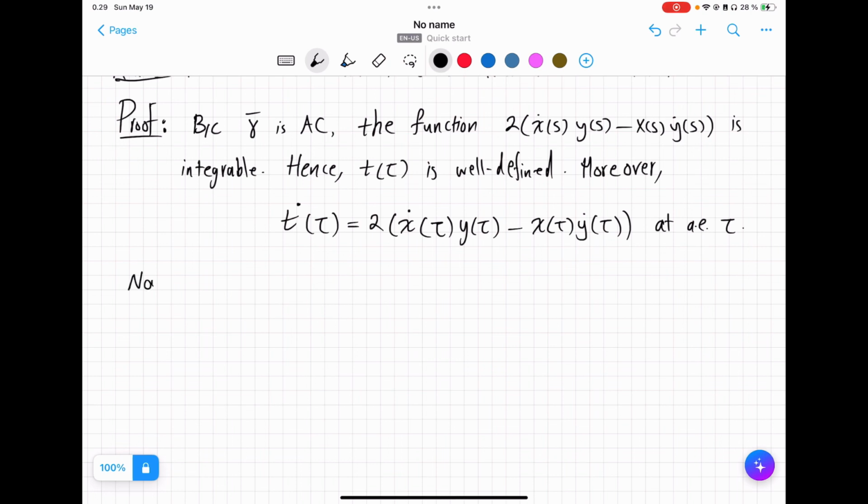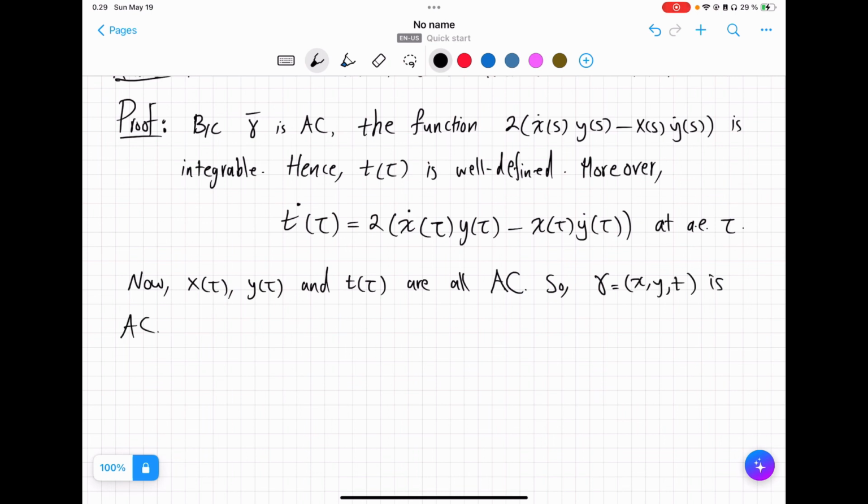So now we have that x of tau, y of tau, and t of tau are all absolutely continuous functions. So gamma, defined as above, is absolutely continuous. So we have checked the first condition of being a horizontal curve, and that is being AC.